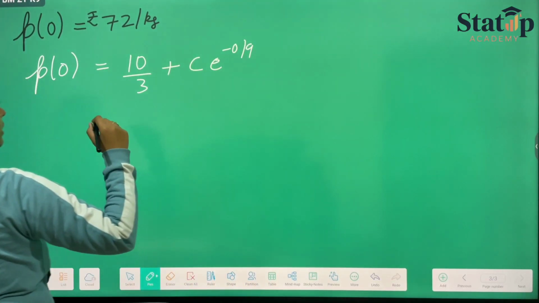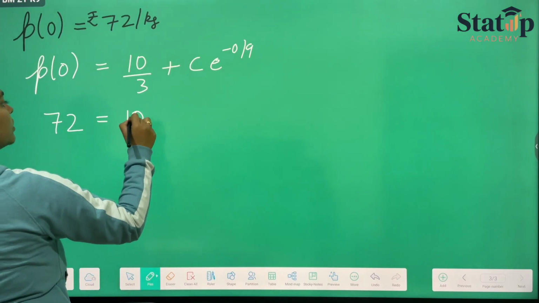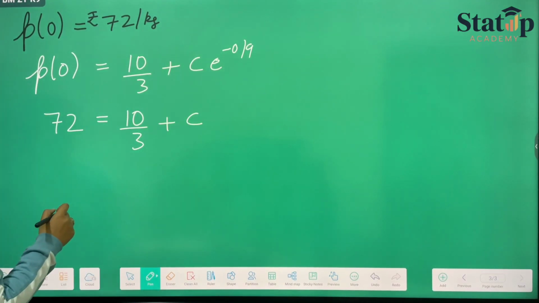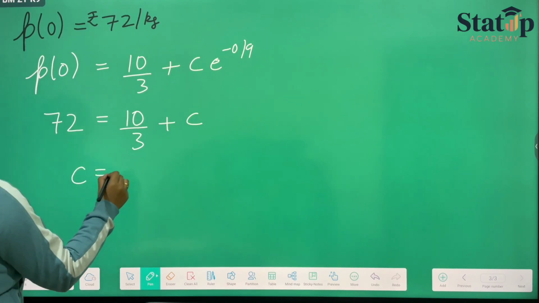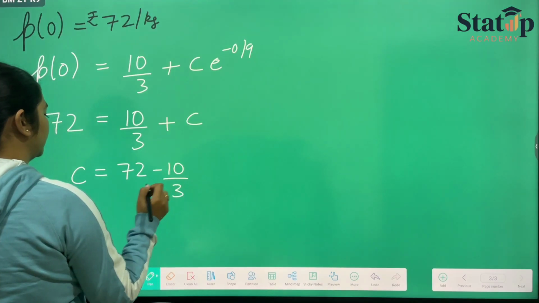This will be nothing but 1. So 72 equals 10 upon 3 plus c, and c will be equal to 72 minus 10 upon 3.